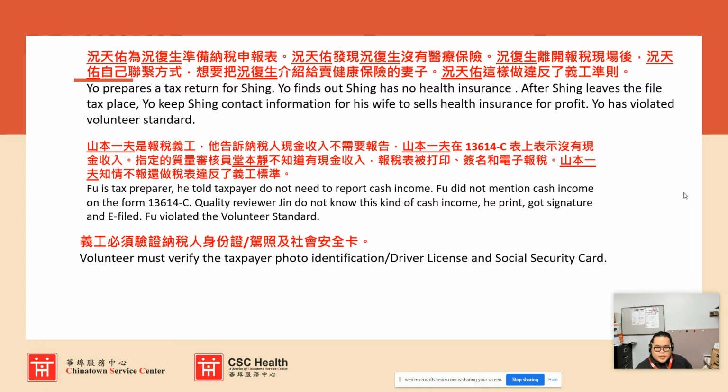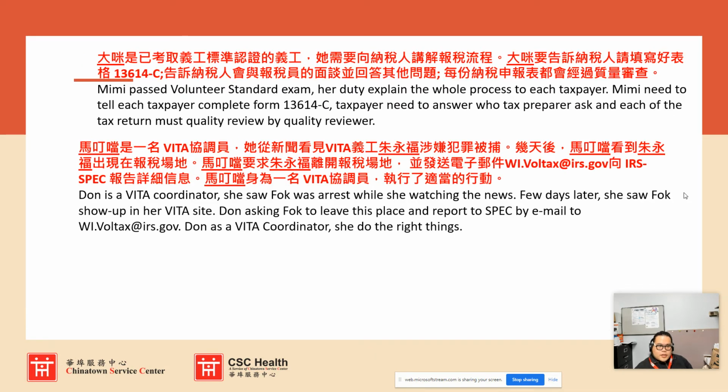He printed out the tax return, got the client's signature, and e-filed the taxpayer's incomplete tax return. So Fu violates the volunteer standard. And the rule is that a volunteer must verify the taxpayer's photo identification, driver license, and social security card.